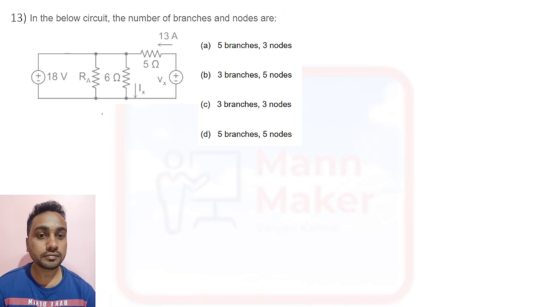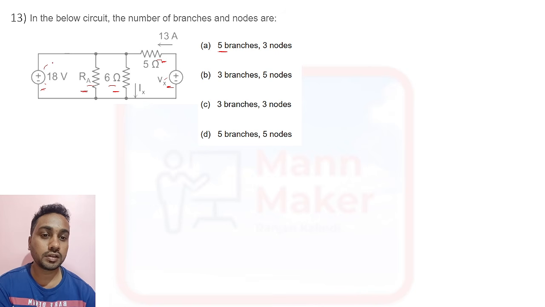Okay, in the below circuit, the number of branches and nodes are. So branches means the number of elements. This is one element, this is another one, this is another one, this is another one, this is another one. So total 1, 2, 3, 4 and 5. 5 elements are there, means 5 branches. And a node is where two or more elements are connected.